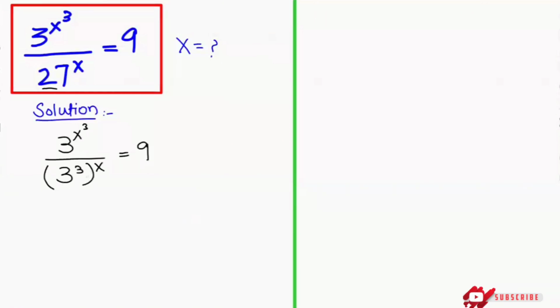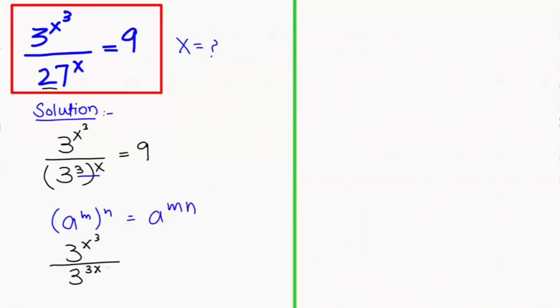Now here the powers are going to be multiplied by using the exponential rule: a to the power of m and the whole to the power of n is equal to a to the power of m times n. So I will multiply here and that will turn to 3 to the power of x cubed over 3 to the power of 3x is equal to 9.